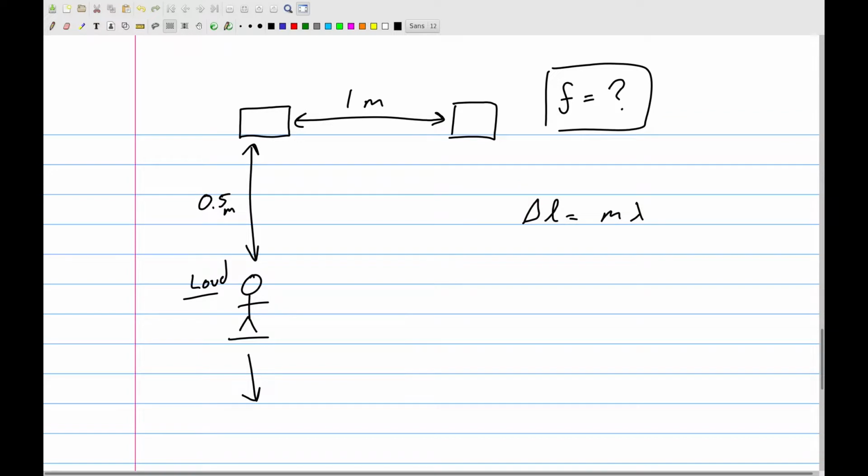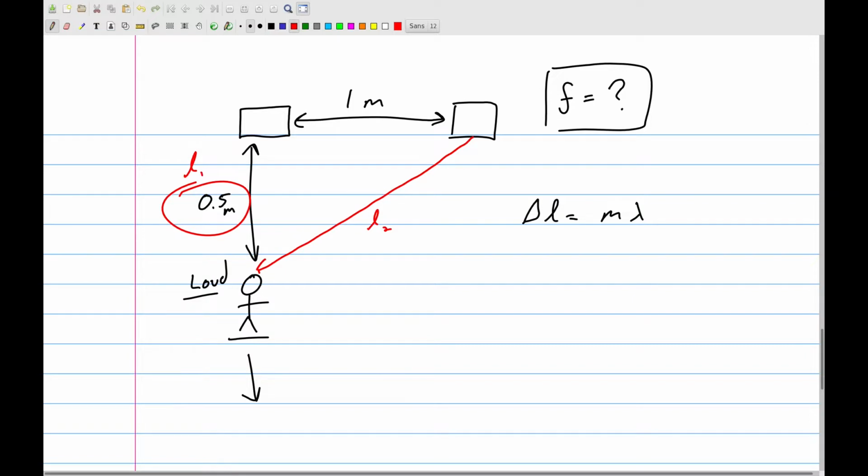Well, delta L is how much the waves have shifted because of the difference in distance. So, okay, that's easy. 0.5 is going to be part of it. But we also need to know the distance to the speaker over there. If I call this L1, this would be L2.